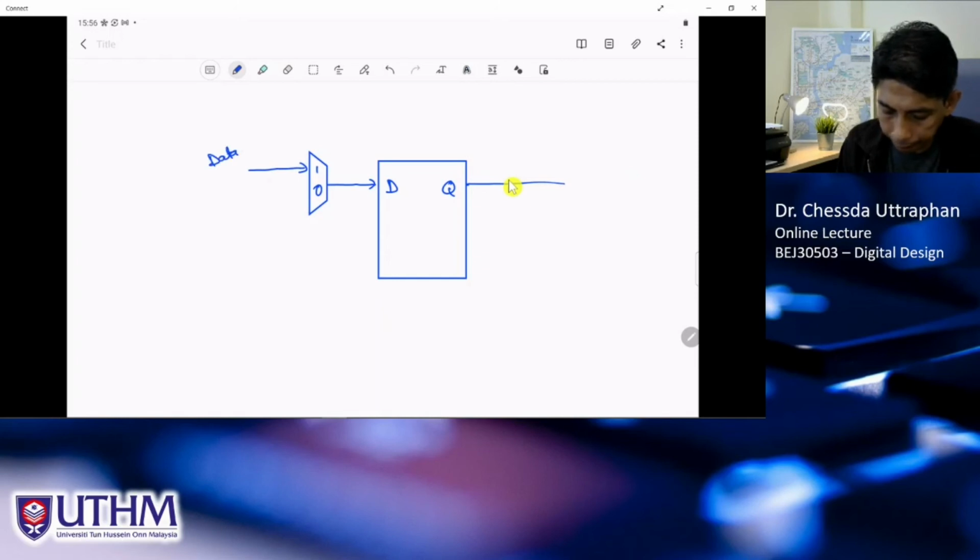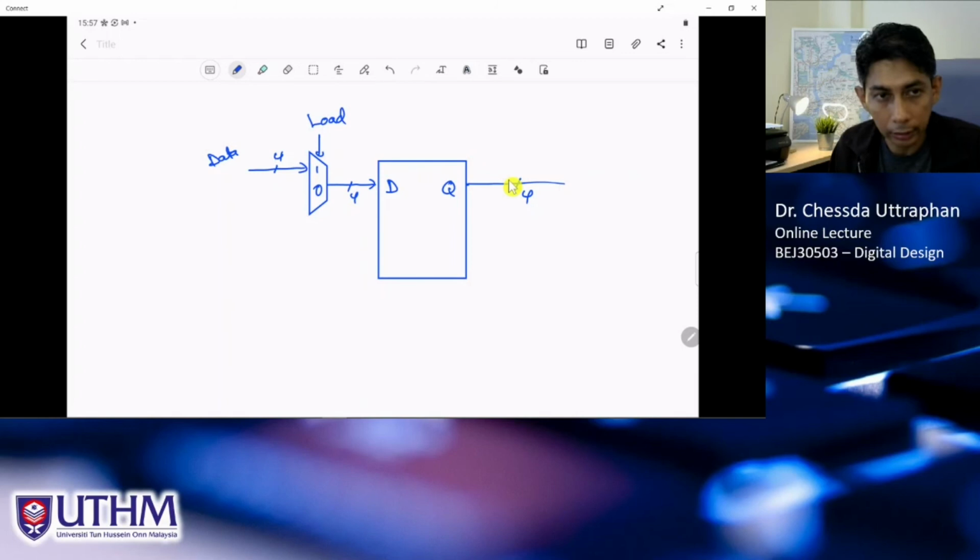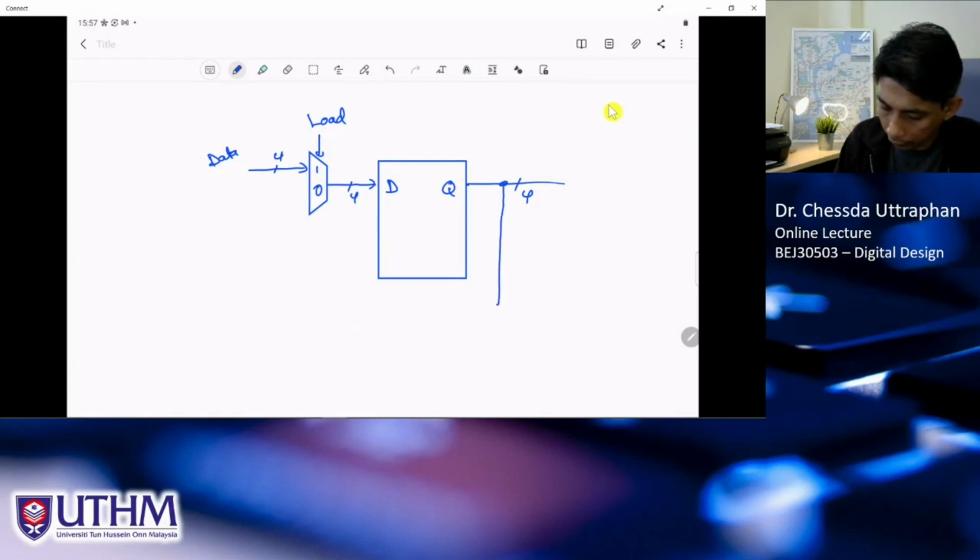Let's say this is 4-bit, and of course this is 4-bit, this is 4-bit. And here we have the load signal. So when load equal to 1, the data will go to the register. But if load equal to 0, the data will remain the same. So we need to have this feedback.